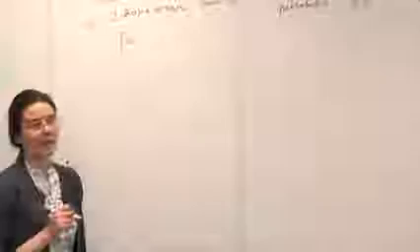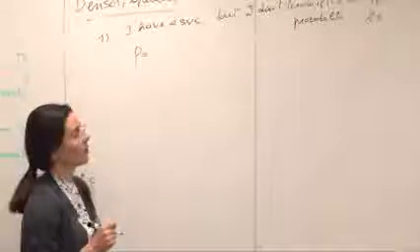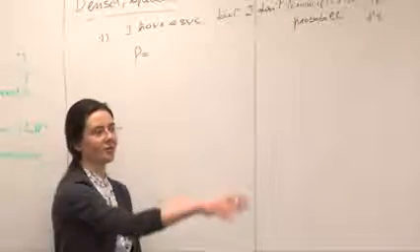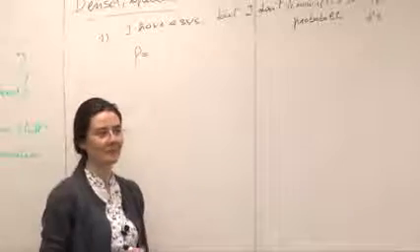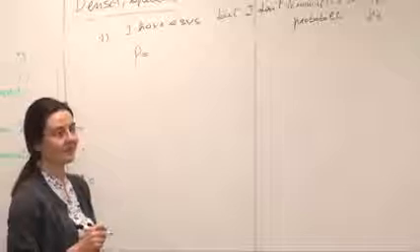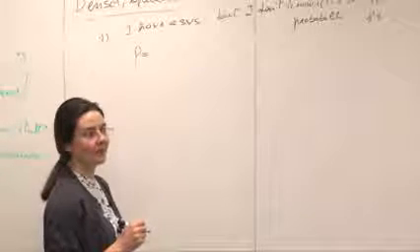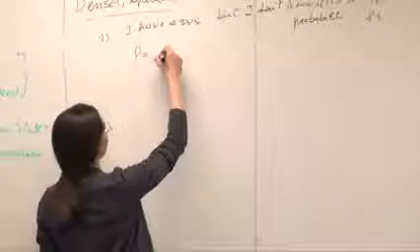So to describe the system, what I can do is write down this density operator, which is going to be given by the sum of the outer product of each possible pure state times its probability.